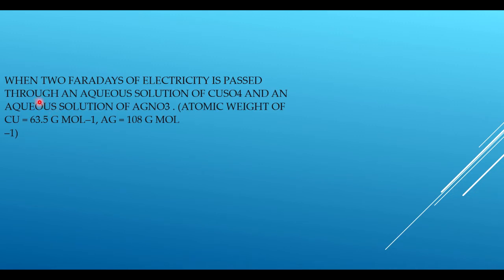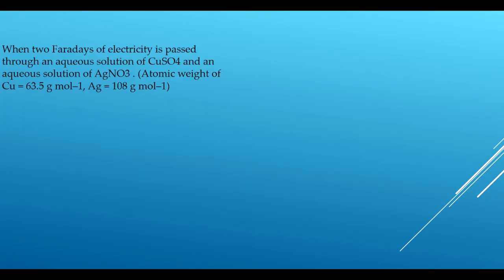Okay, here the options I have written. We will calculate it. When 2 faradays of electricity is passed through an aqueous solution of copper sulfate and an aqueous solution of AgNO3, the amounts of copper and silver precipitated are to be found. Two Faraday of electricity will be carried by 2 moles of electrons.